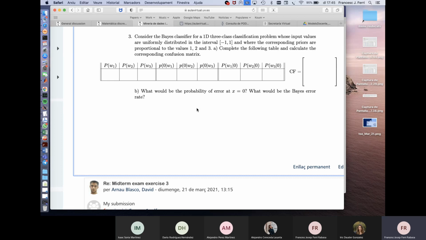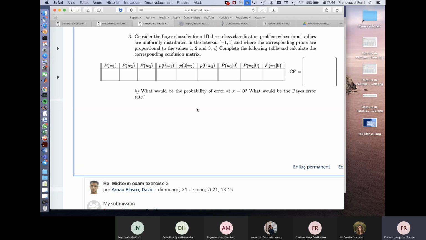Uniformly distributed between -1 and 1. And I'm asking about x equal to 0. So we have to concentrate at x equal to 0.